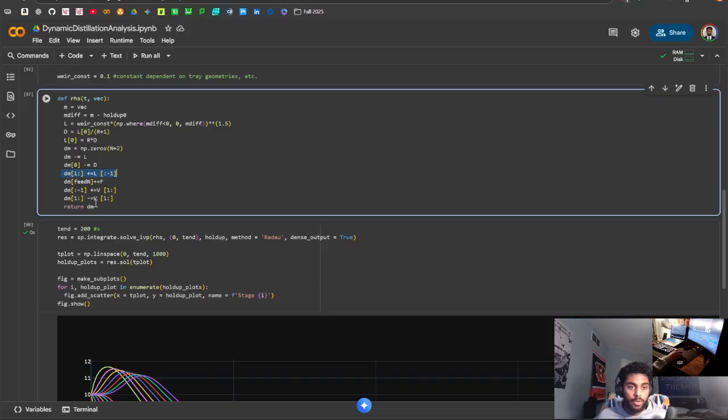So liquid enters in every tray except for the very first, which is our condenser. So we are saying that in our array, except for the condenser, we will be adding the values from our liquid array, everything except for the reboiler where liquid is not exiting, rather that is our bottoms that we are getting out of that.